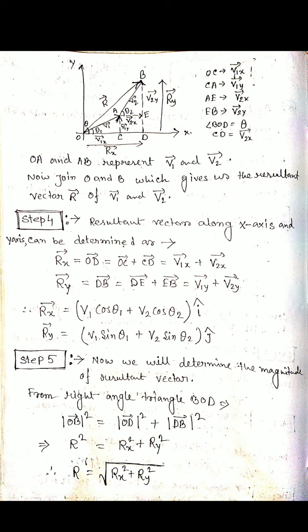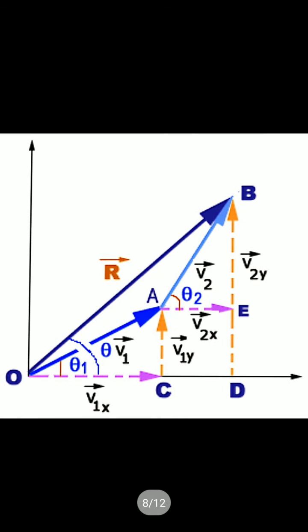Now OA and AB in this figure represent the two vectors V1 and V2. Now we join O and B. You see that if we join O and B, this OB gives us the resultant vector of V1 and V2.